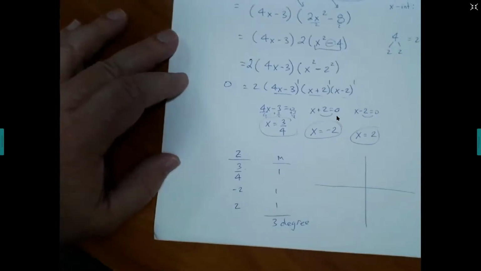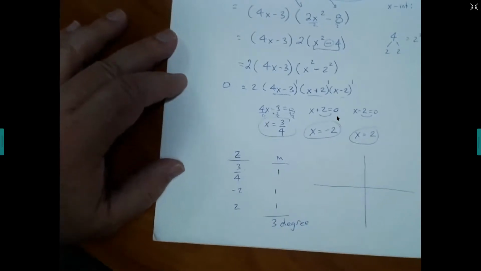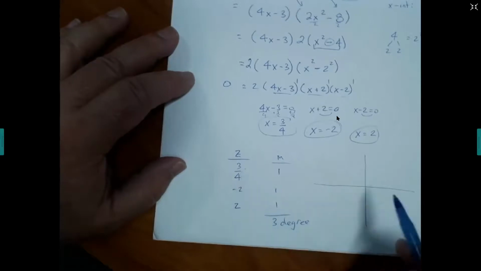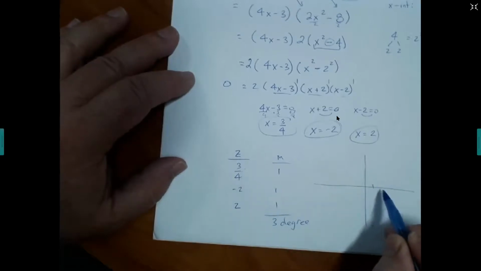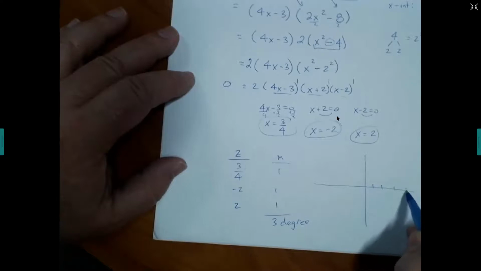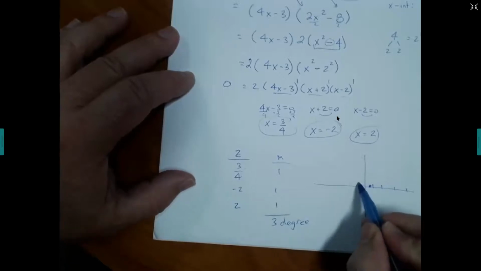So what are my zeros? What points do we know for sure? The 0 is at 3 over 4. So it's right there at 0.75. There's one at negative 2.